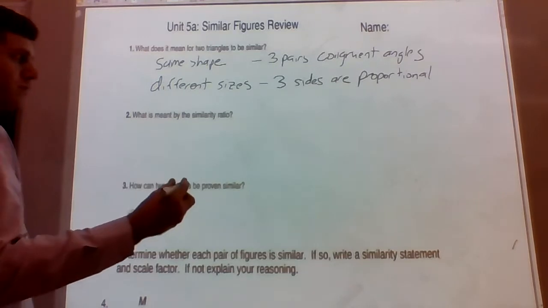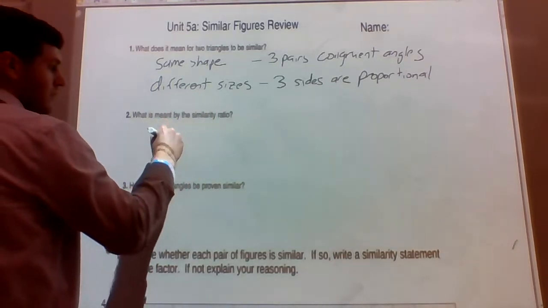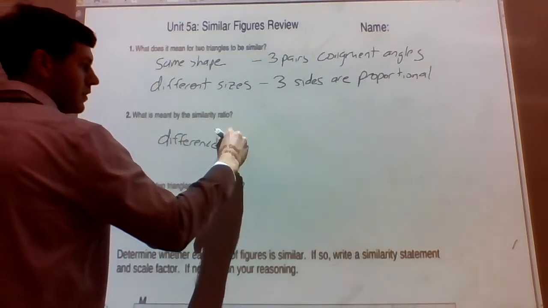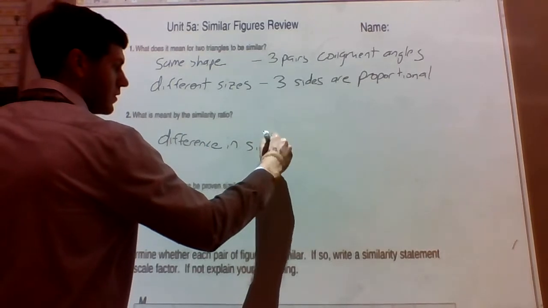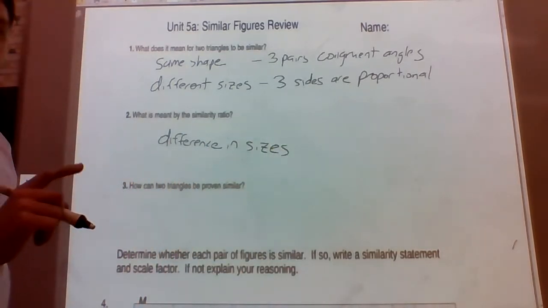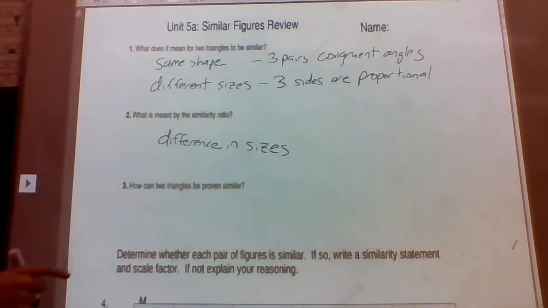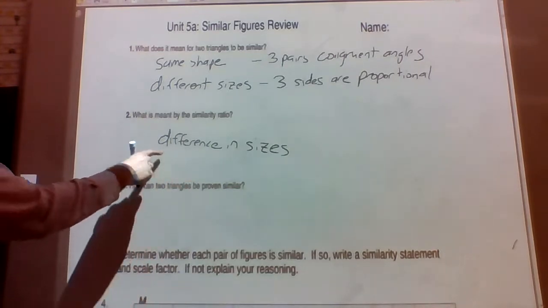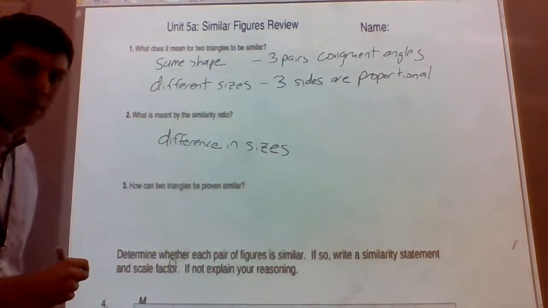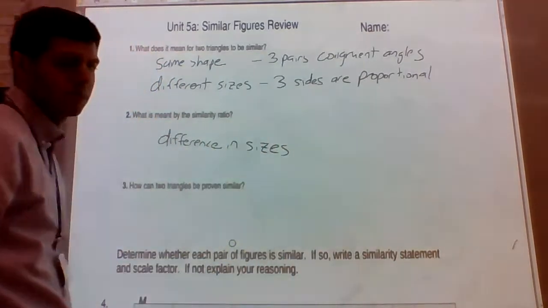They're different sizes, and the similarity ratio describes the difference in sizes. If it's a similarity ratio of 1, then we know the triangles are the same size. Not only are they the same shape, but they would be the same size. Anything less than 1, that second triangle is going to be smaller than the original. Anything larger than 1, that triangle is going to be larger.